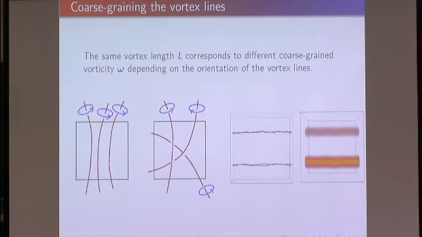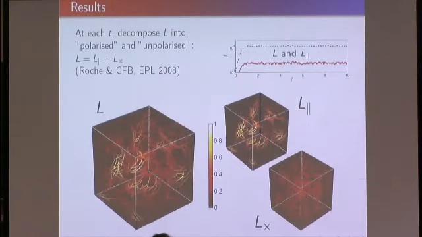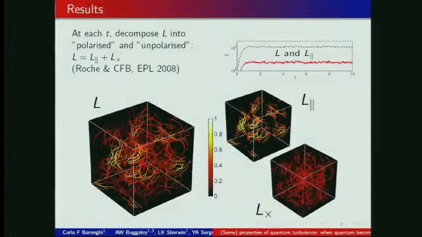So armed with these numerical tools, we can decompose our vortex tangle into two parts. This decomposition actually dates back to some years before this numerical experiment. We call it the decomposition into polarized and unpolarized vortices, L parallel and L cross. And that is very clear from the pictures. On the left-hand side, you see the entire vortex tangle, a snapshot at a fixed moment.